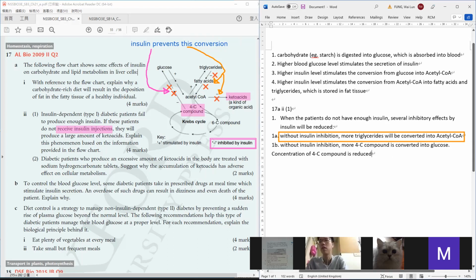With less 4C compound available, or in the other way, less 4C compound is available to combine with acetyl-CoA to form 6C compound.